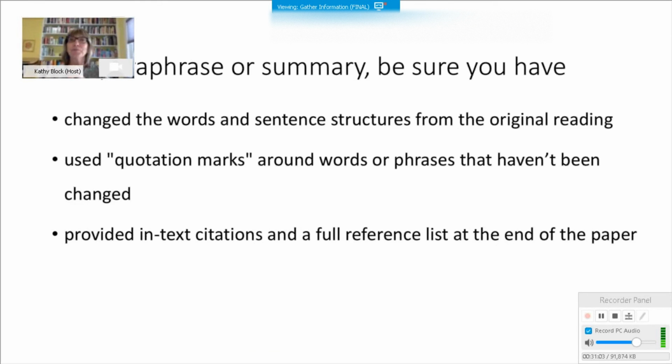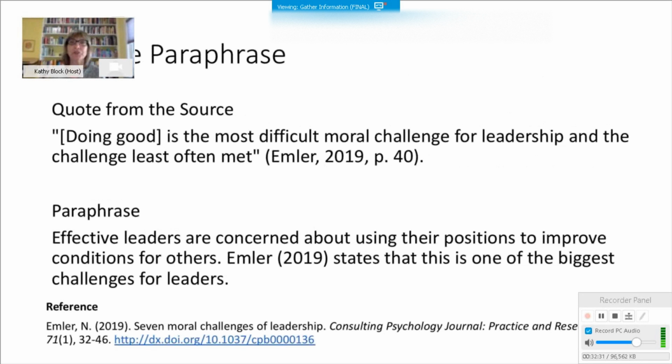What we want to look at now is the paraphrasing and the restructuring of the idea. So the paraphrase retains the original writer's idea that doing good is a major challenge for leaders. But the paraphrase also completely restructures that idea of doing good.